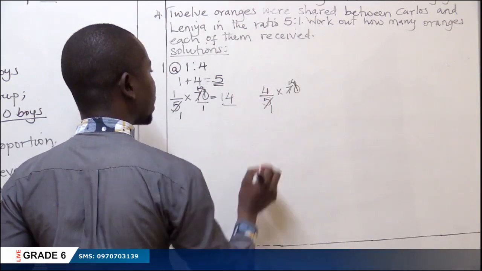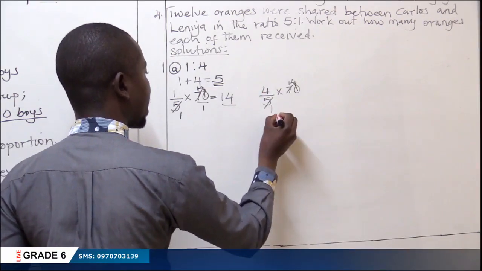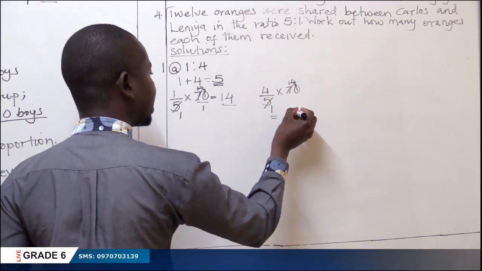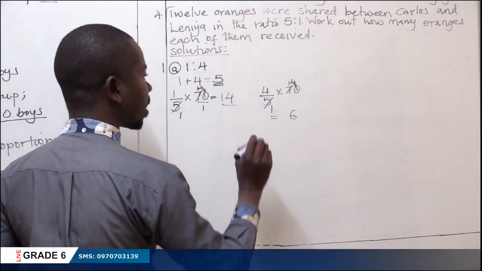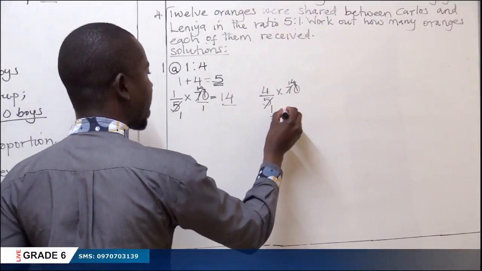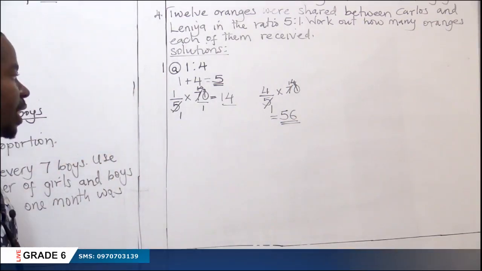So if you multiply 4 times 14, what's the answer? 4 times 4, the answer is 16. Carry 1. 4 times 1, it's 4, plus 1, 5. So the answer, boys and girls, is 56.